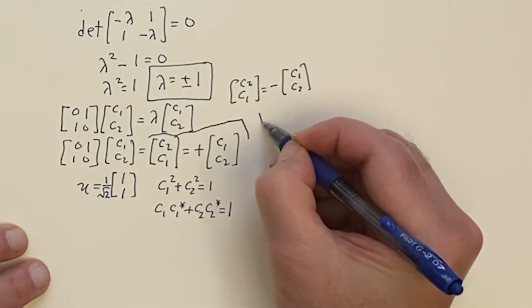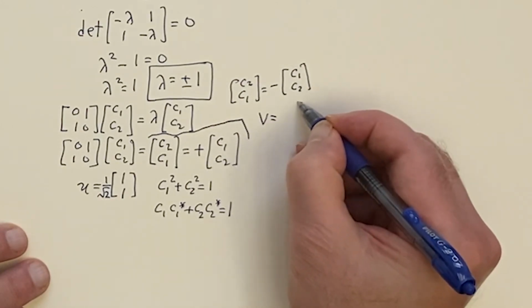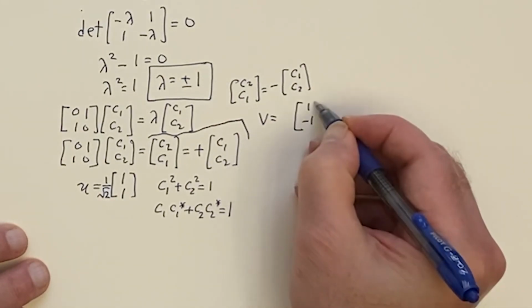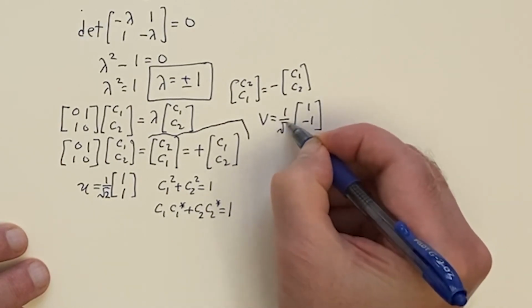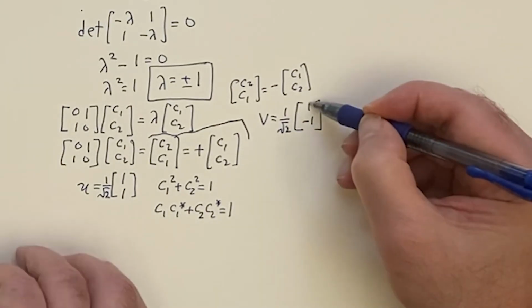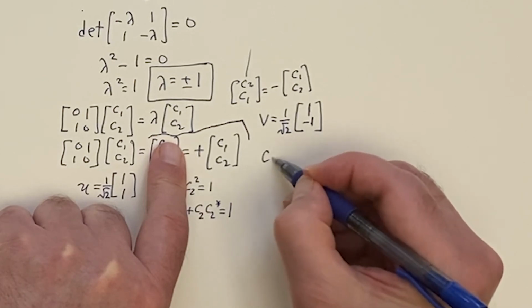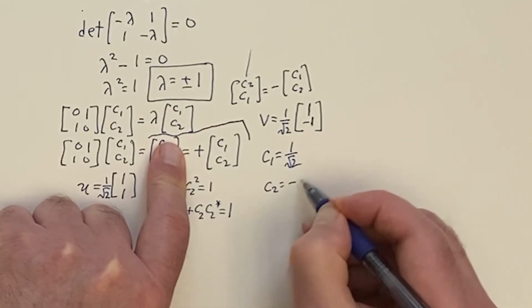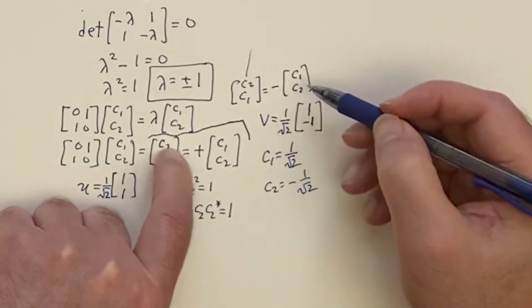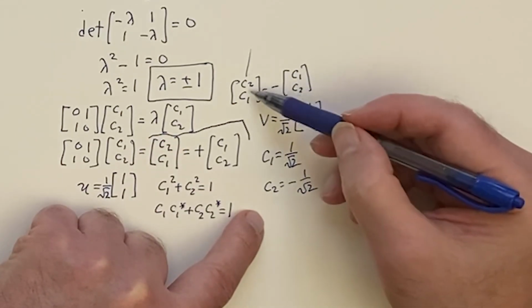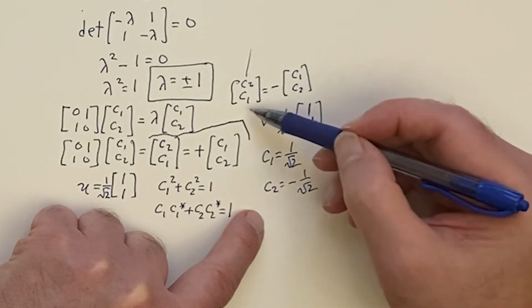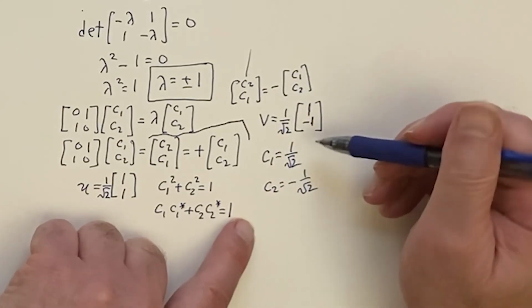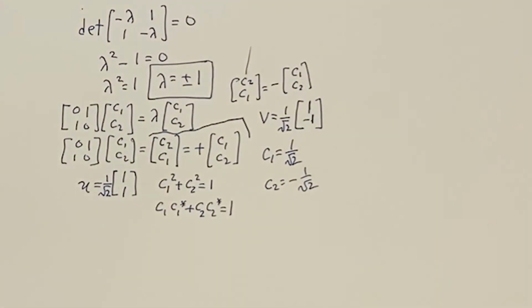An easy way to get that is to have a 1 and a minus 1. And we go ahead and put the normalization in. So that's the eigenvector: C1 would be 1 over square root of 2, and C2 is negative 1 over square root of 2. And that satisfies this condition that C2 is negative C1, C1 is negative C2, and we have normalization. Okay, that's it.